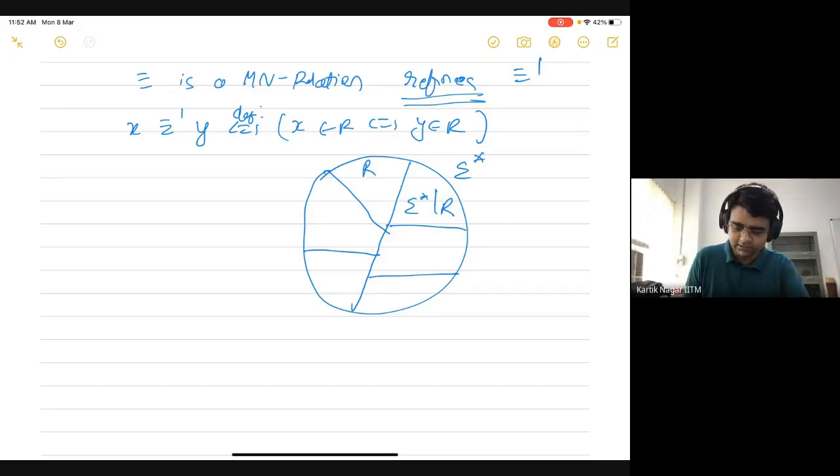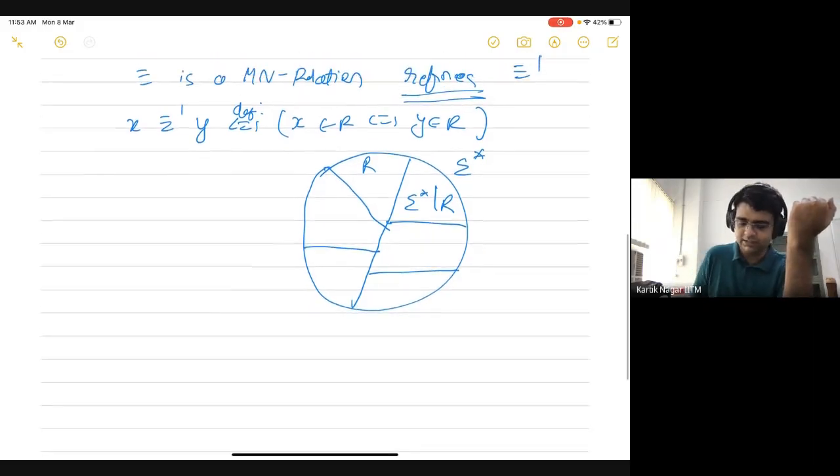And in fact, the equivalence classes of this MN relation that are present in R will basically correspond to the final states of the DFA. While the equivalence classes of this MN relation that are not in R would basically correspond to the non-final states of the DFA.